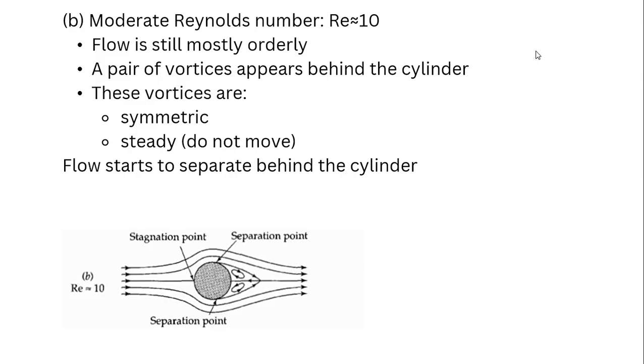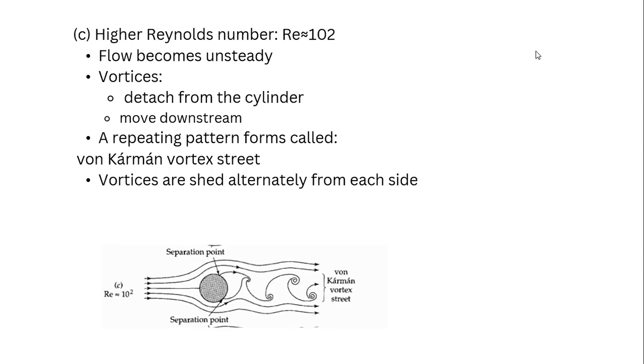These vortices are symmetric and steady, and flow starts to separate behind the cylinder. At a higher Reynolds number equal to 100, here we can see unsteady flow. One common vortex street forms as vortices shed alternately.